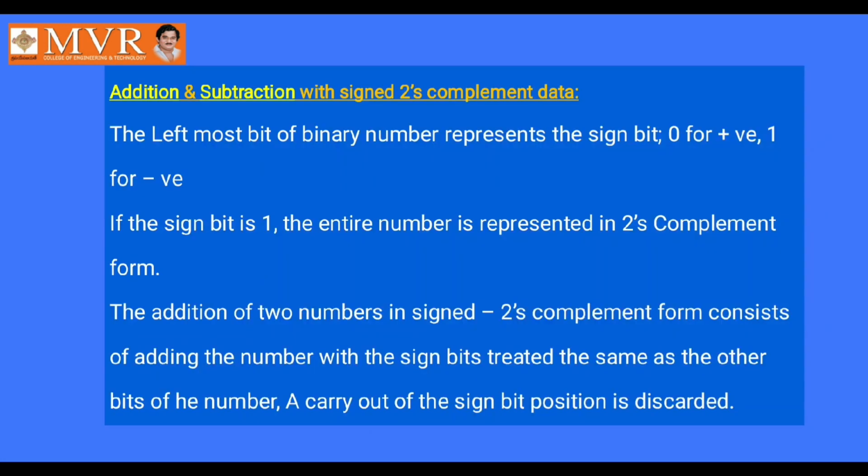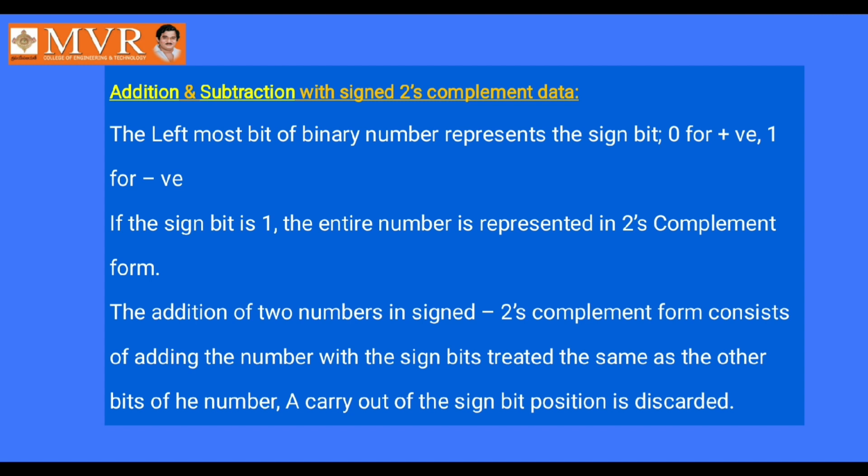The leftmost bit of a binary number represents the sign bit. As we have discussed, if 8 bits are used to represent any number, the 8th bit is used to represent the sign bit: 0 for positive and 1 for negative. If the sign bit is 1, the entire number is represented in 2's complement. We have performed some calculations also in the previous complement examples.